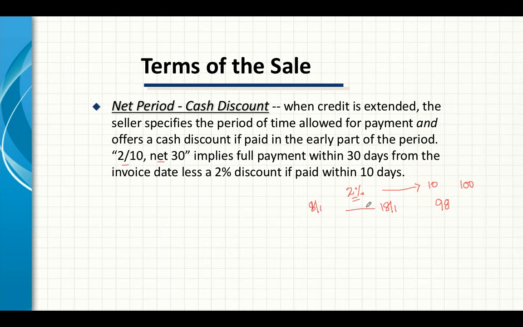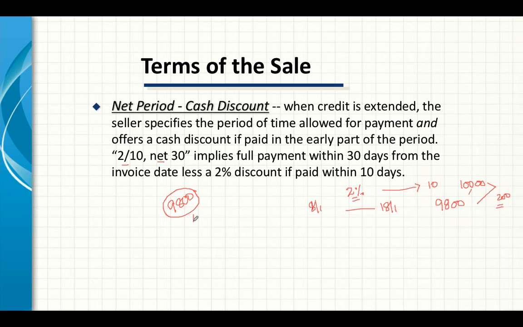That is 2% discount. So you borrow money from bank, 9,800, to clear an invoice value of 10,000. See what is the borrowing cost of this 9,800 and whether the borrowing cost of 9,800 is less than this $200 discount you get or not.